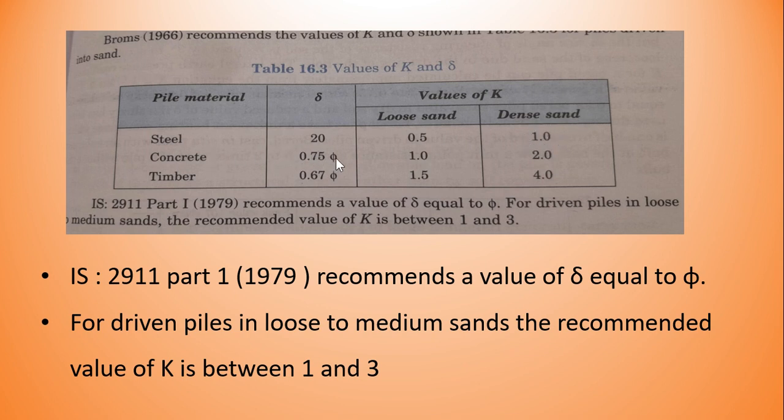For concrete, delta is 0.75 times phi, and values of K are 1 in loose sand and 2 in dense sand. For timber, delta is 0.675 times phi, and in loose sand the value of K is 1.5 and in dense sand it is 4. For driven piles in loose to medium sands, the recommended values of K are between 1 and 3.